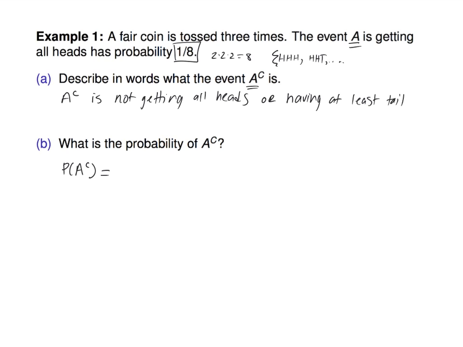So what is the probability of that happening? What's the probability you have at least one tail, meaning 1 tail, 2 tails, or 3 tails? How'd you get that? 1 minus 1/8, exactly. You also could get that by looking at your list and counting, oh, there are 7 things that include tails, right? But often it's easier to think about it in terms of, oh, it's 1 minus what I had because they're complementary events.